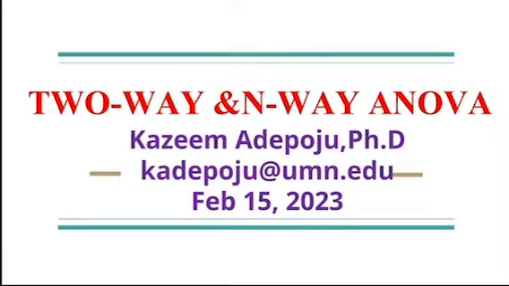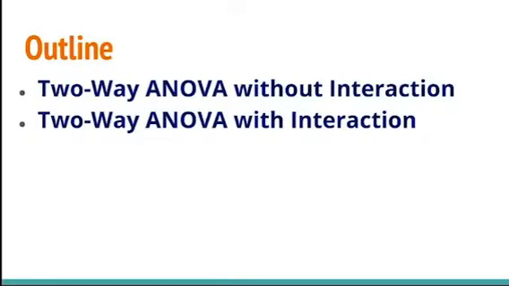Okay, in the outline, I'm going to consider two-way ANOVA without interaction and two-way ANOVA with interaction. And of course, I'm going to tell you today what is the significance of interaction in two-way analysis of variance. I'm going to cite examples from politics, from the medical field, from psychology, and so on, for you to be able to understand.